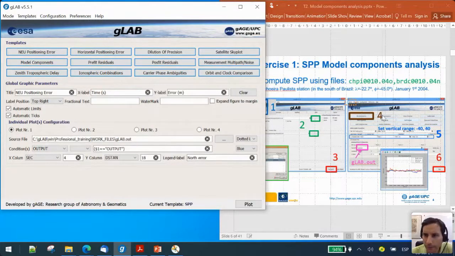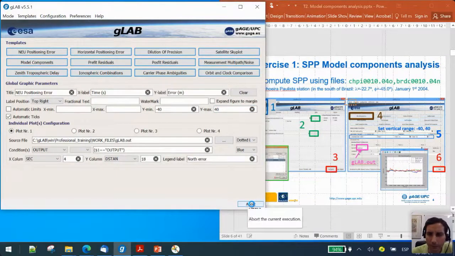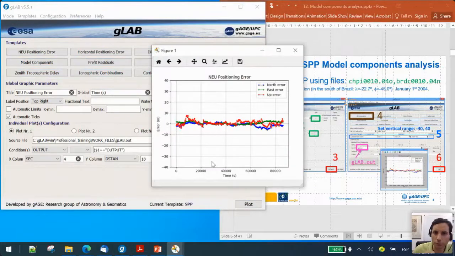In contrast, the fifth step told us to set the vertical range from -40 to +40. So here, if we write -40 and +40, and we redo the plot again, then we will see that the result looks much closer to the one that we have in the slides.